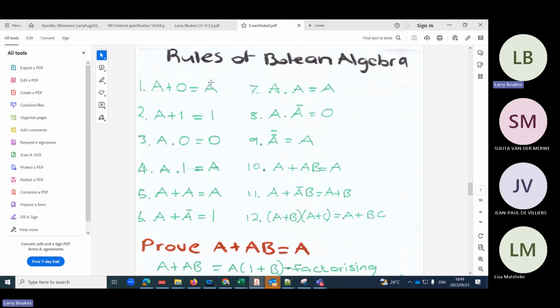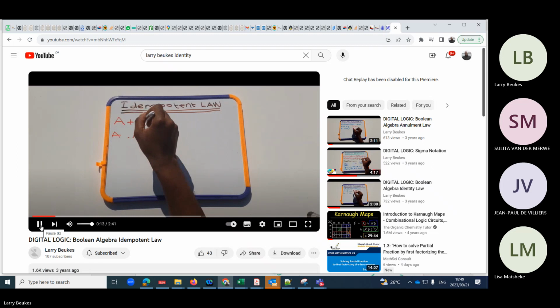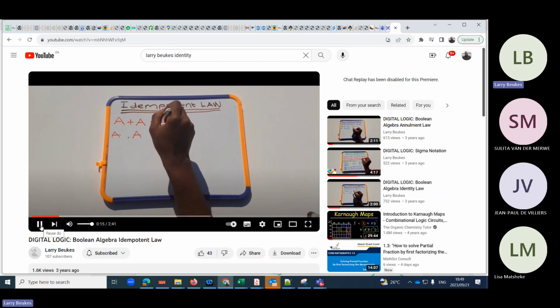Okay, so I will update this PDF now. Identity law, annulment law, identity law. So now we go into the idempotent law. I think it's going to be this one and this one. Let me just look for the last time. A plus A is A and A and A is A, obviously.